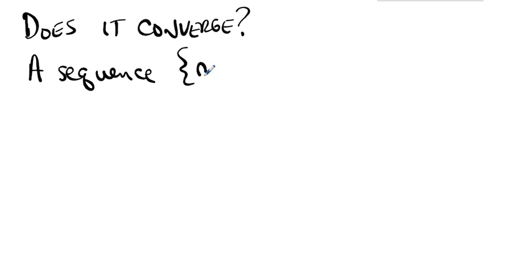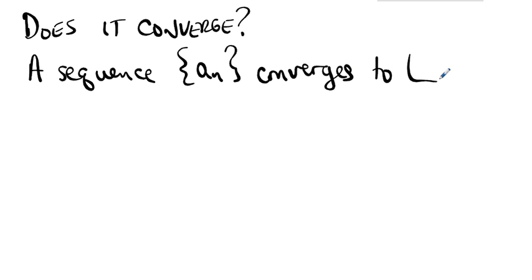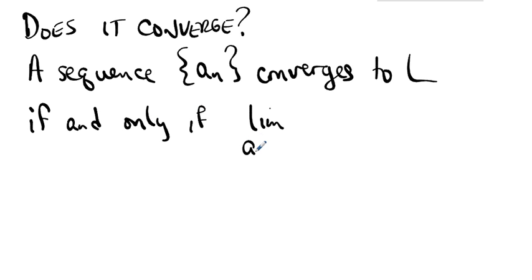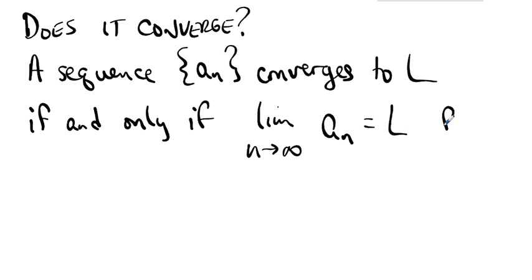The sequence A sub n converges to the number L if and only if the limit as n approaches infinity of A sub n is L for some finite L. That's what makes a sequence converge.